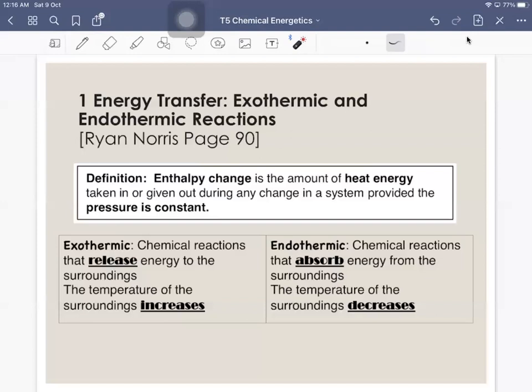Endothermic reactions are chemical reactions that absorb energy from the surroundings. That means they take in heat for this reaction to occur. So you would expect the temperature of the surroundings to decrease.